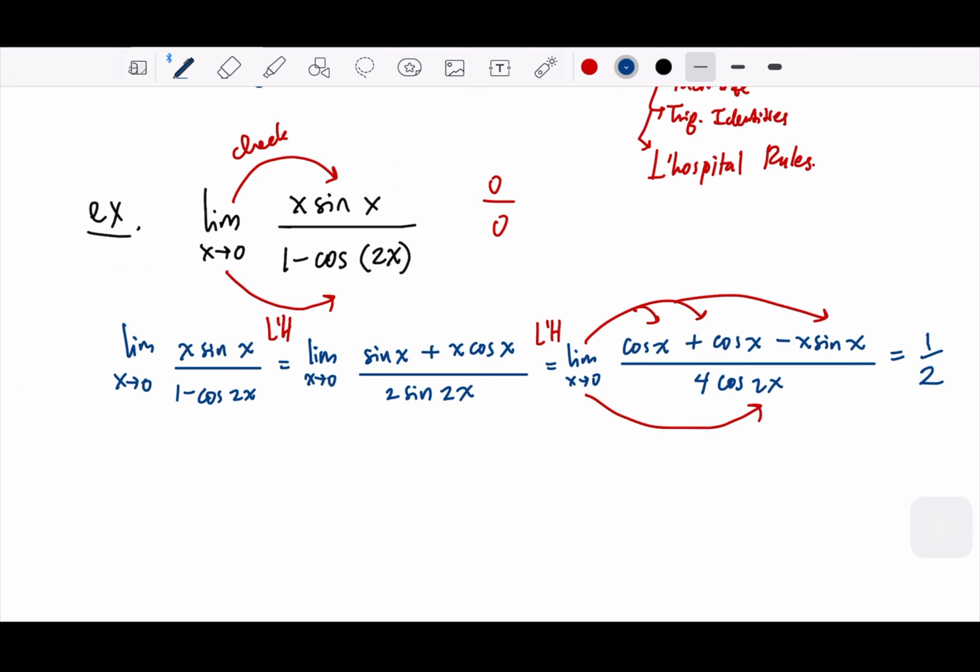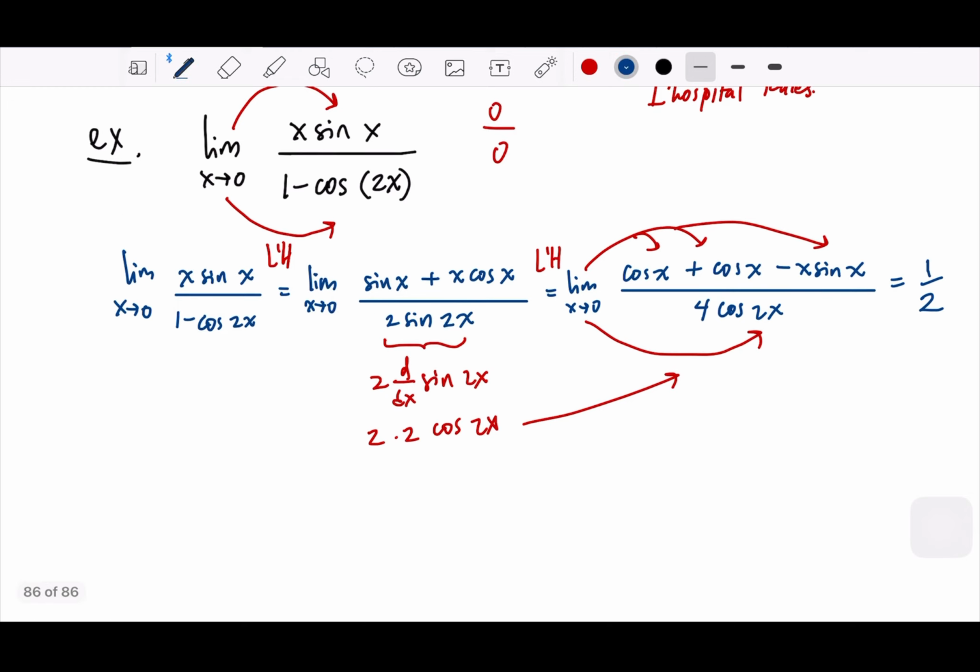Well, Professor, you get 4 cos 2x because of the chain rule, right? Yes. So because of this 2 sine 2x, we have 2 and then the derivative of sine 2x, which is 2 multiplied by 2 cos 2x. So this will be 4 cosine 2x. Okay.